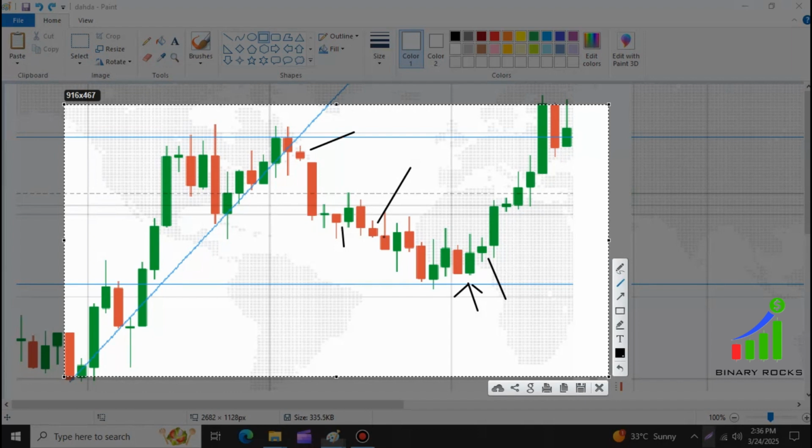Try to plot valid levels. See, trend line is working, horizontal lines are working, resistance is working, SNRs are working. If you check these points, you will understand how to trade and where you should notice. And on this candle also we waited, because after the breakout, right here there is a level. So if you know all these points, you can easily win here.